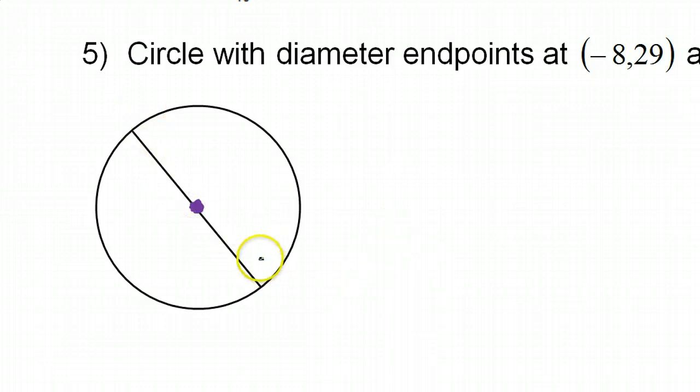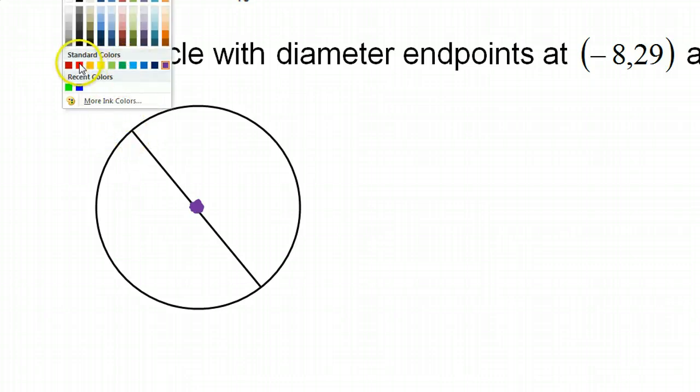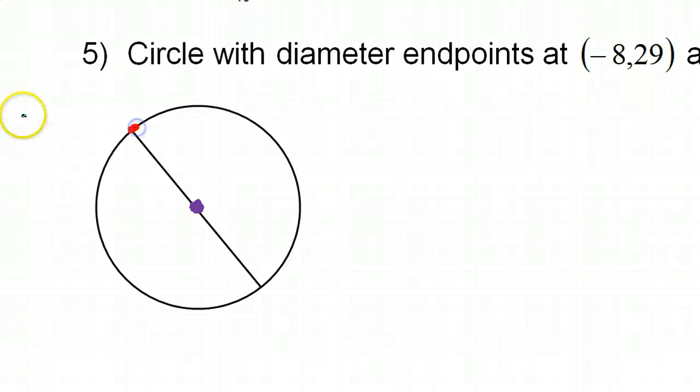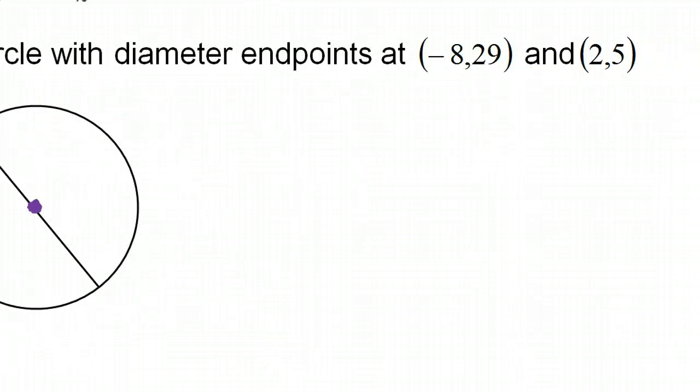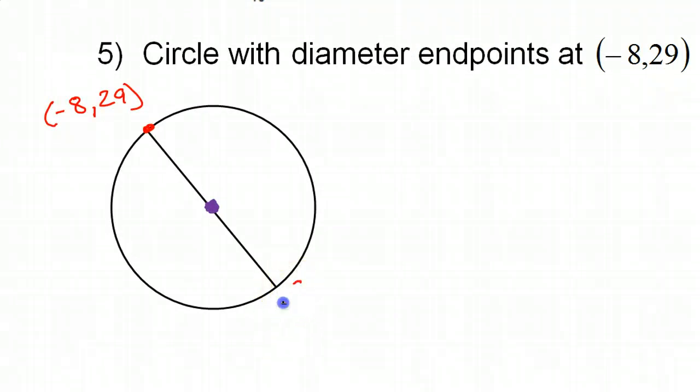So the endpoints of the diameter, we could just call this, alright, so this will be our -8, 29. And we have our 2, 5. Okay, so we need to find the equation of the circle.